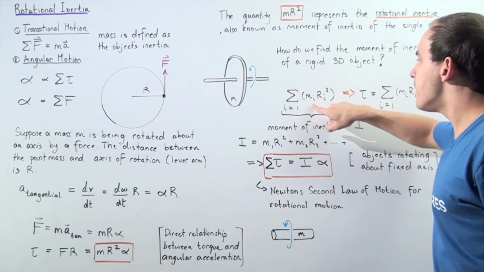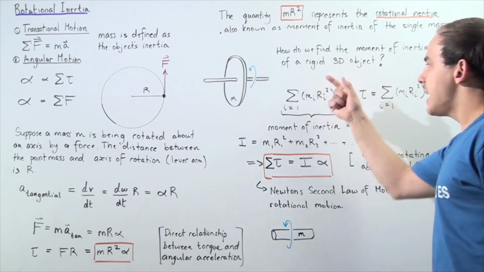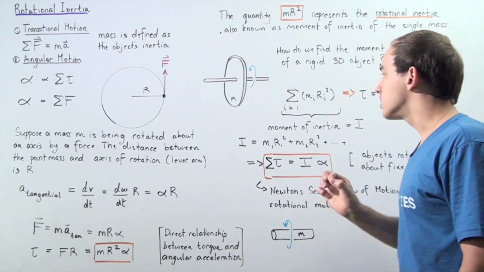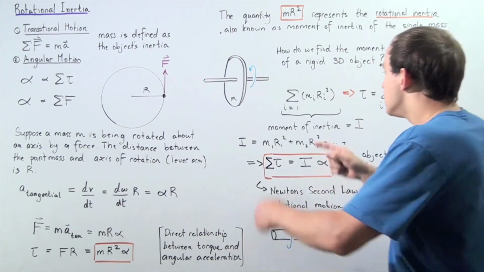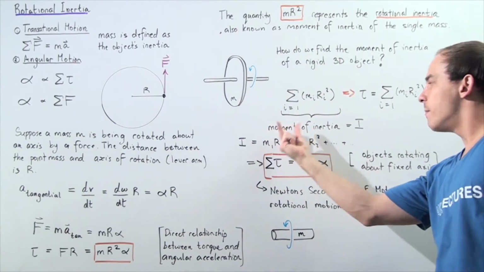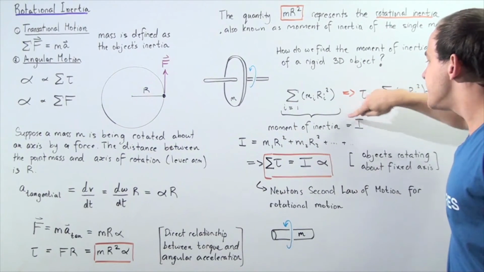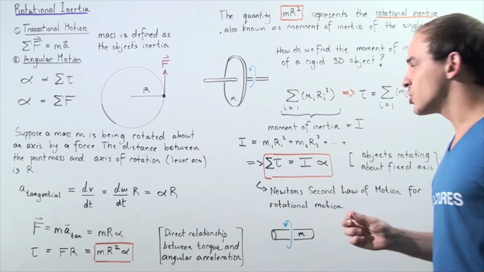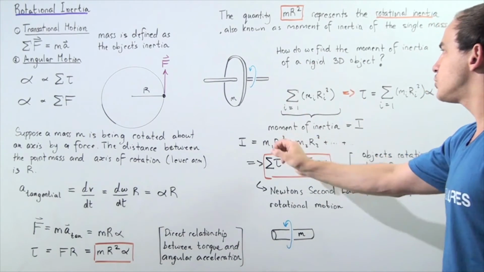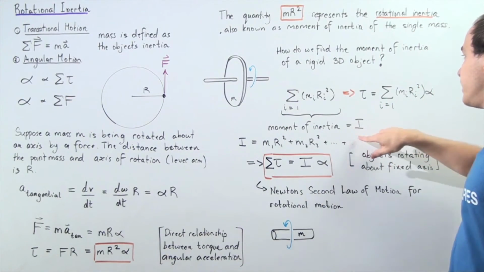For example, m_i r_i squared is the moment of inertia of the ith point particle, and we have some unknown number, so we take the sum. This quantity is known as the moment of inertia, and this is known as I. So we represent the moment of inertia of a rigid three-dimensional object simply as I.